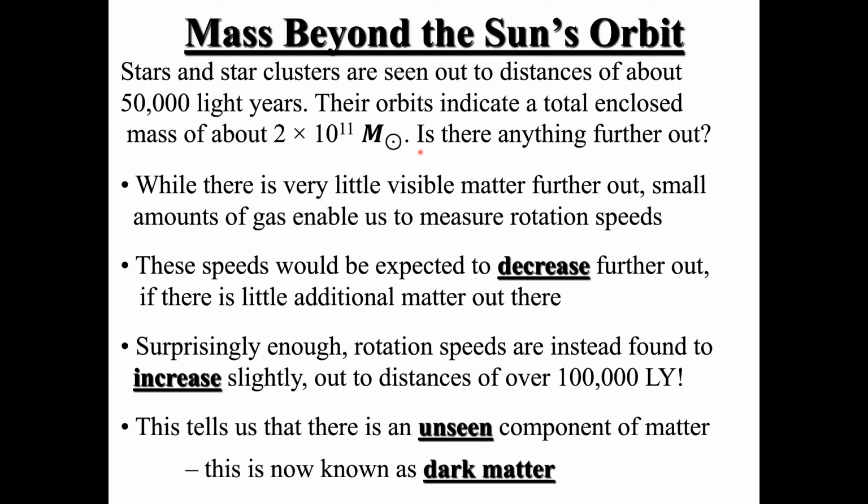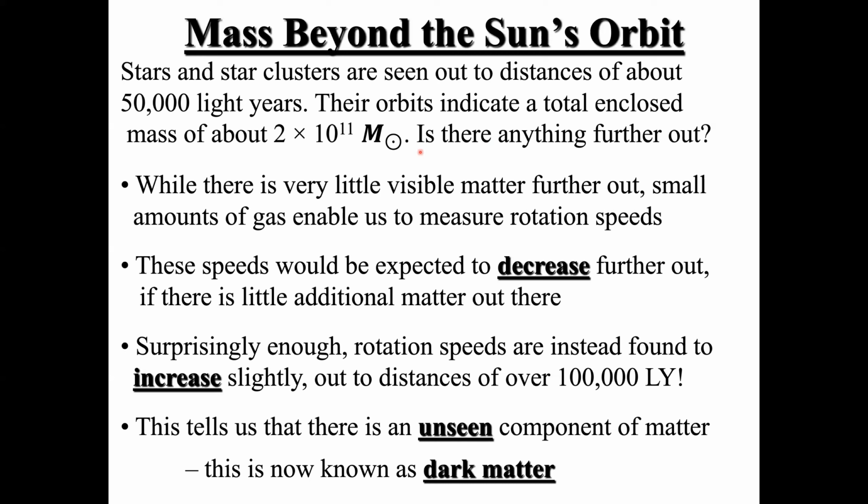But very surprisingly, what astronomers actually observed is that these rotation speeds instead increase slightly, which we never expected, right? Now, if you measure the rotational speeds for this gas, or maybe some matter, up to distances of 100,000 light years from the center, instead of decreasing, the rotational speeds start to increase slightly.